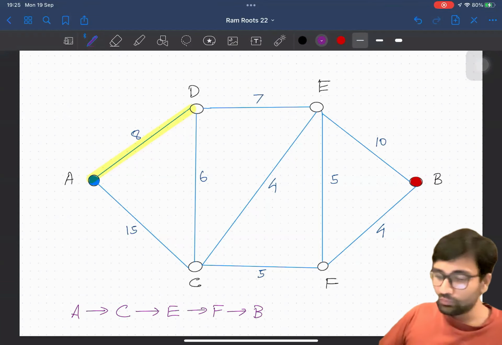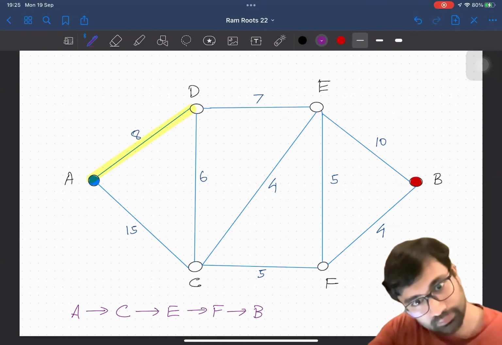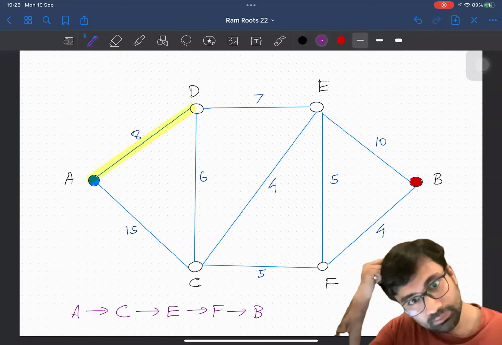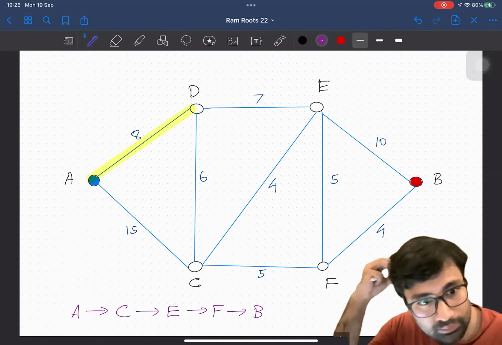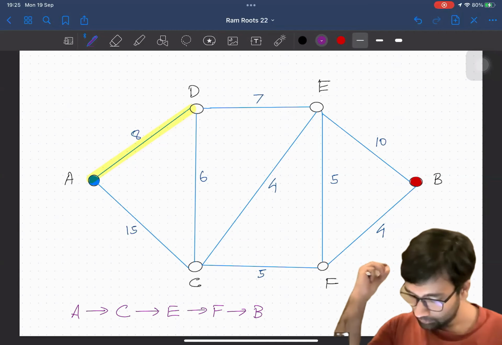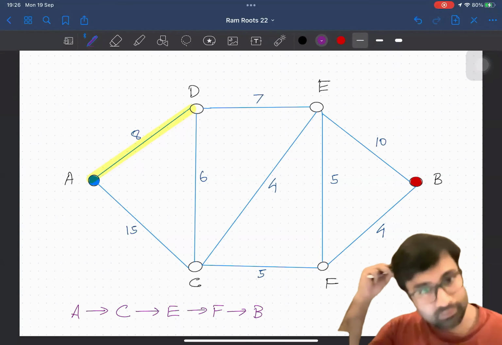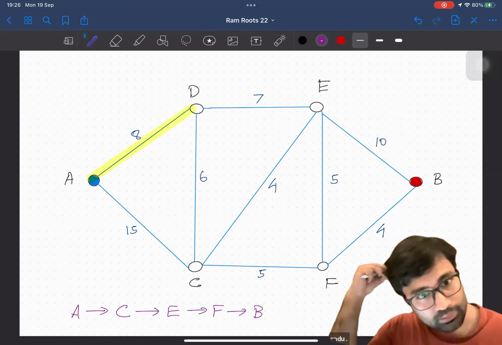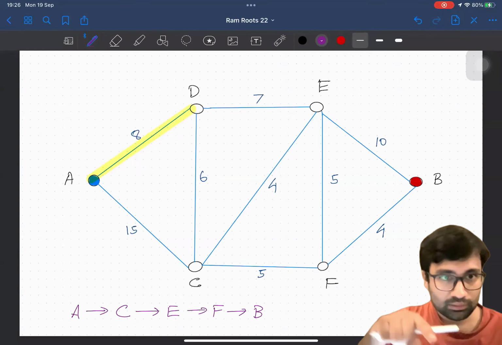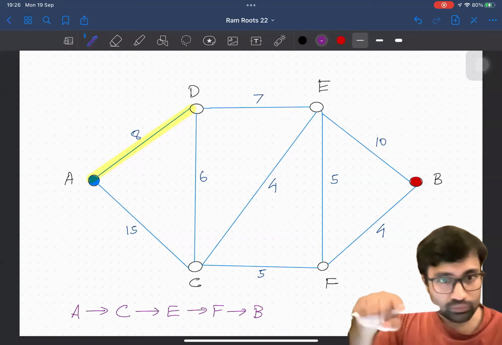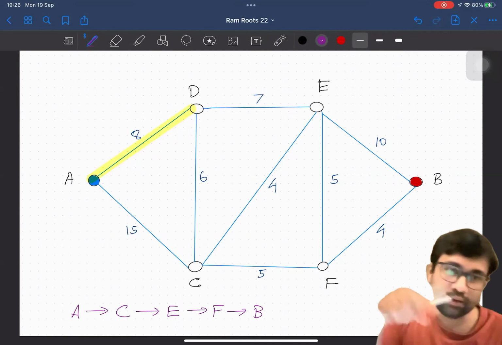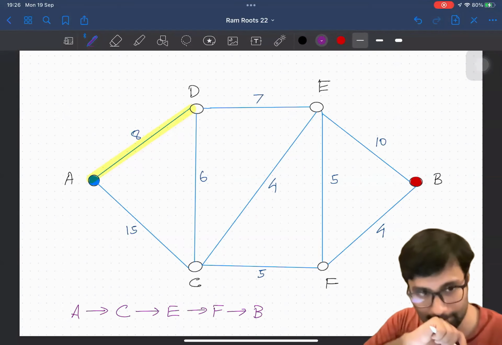So this is one way: going from E to F to B. So you go from A to C to E to F to B. This is one way of going from A to B. Yes, sir.